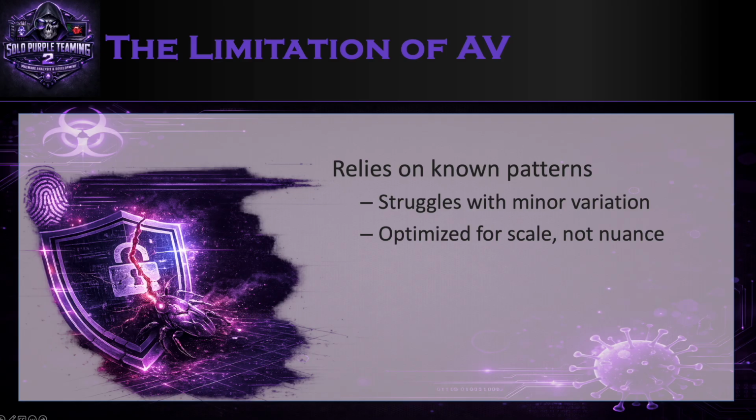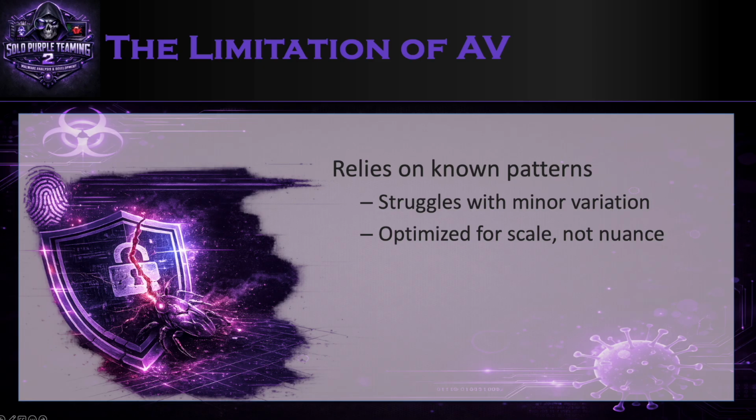Traditional antivirus relies heavily on signature based detection, looking for known byte sequences, hashes, or strings. This works well at scale, but breaks down with even minor variation, something that you'll see during the demo. Simple changes like encoding, reordering, or trivial obfuscation can alter a signature enough to evade detection.